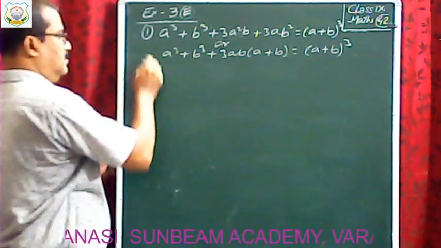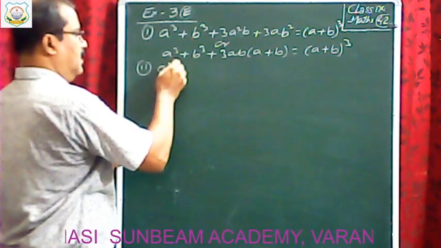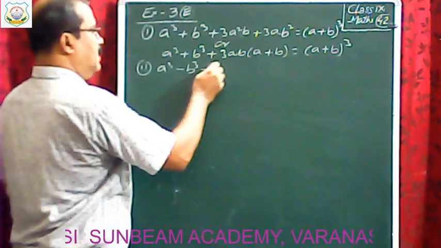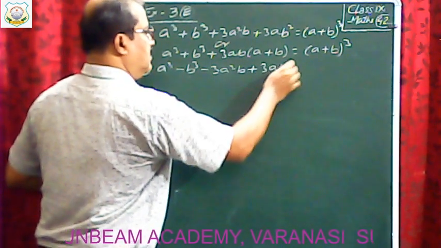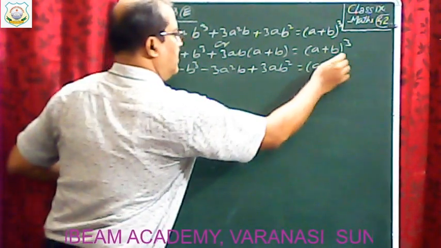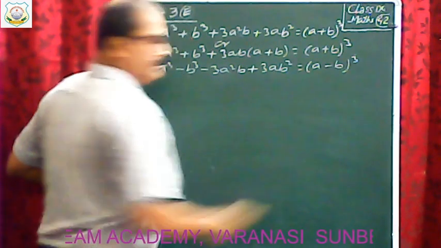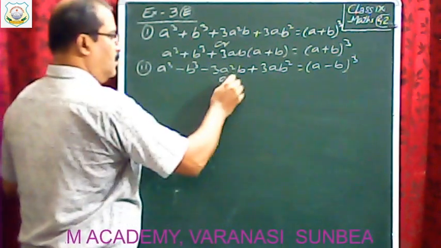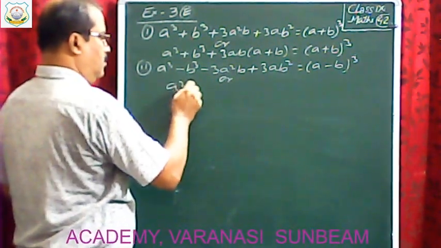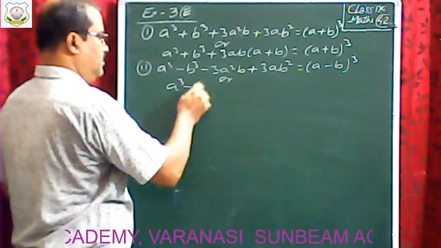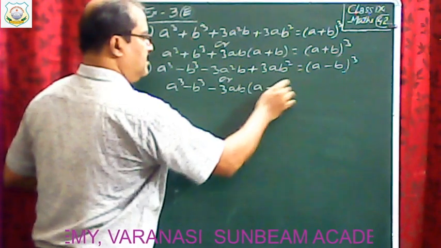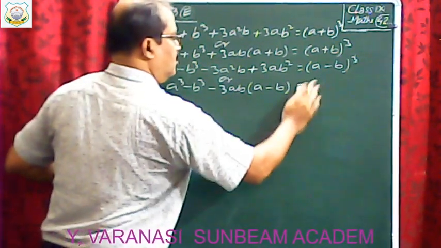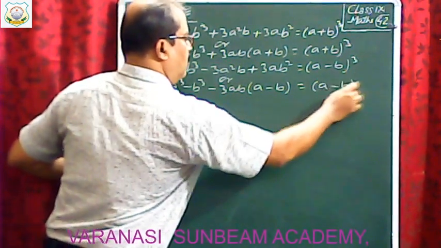And second, a cube minus b cube minus 3a square b plus 3ab square equal to a minus b whole cube. Okay, or a cube minus b cube minus, take out 3ab as common, so a minus b, that's also equal to the same, a minus b whole cube.